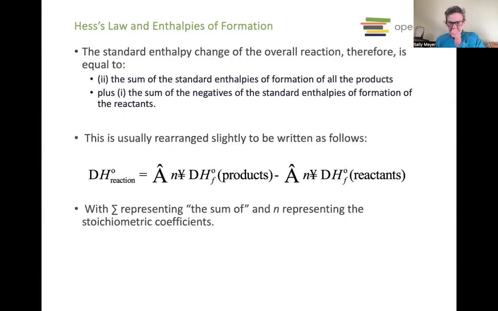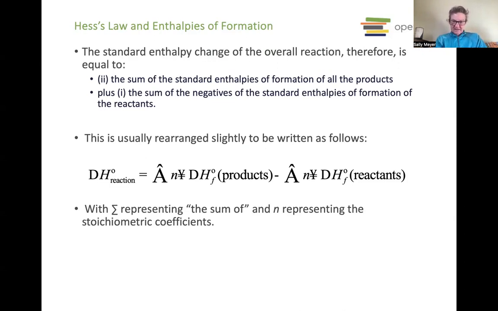And so, their symbols are all messed up in this one. So the standard enthalpy change of the overall reaction, therefore, is equal to the sum of the enthalpy changes of formation of the products minus the sum of the enthalpy changes of formation of the reactants.